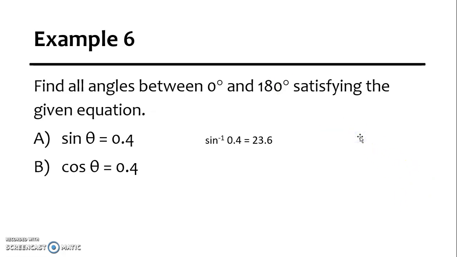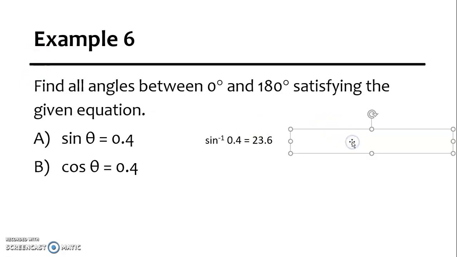And all I'm going to do is subtract from 180 degrees. This is like a reference angle. I'm just going to put this in and find the answer for the other angle. So our reference angle is 23.6 degrees, and I'm just going to find the second quadrant angle that works. And I can tell that because sine is positive, and remember, all students take calculus, sine is positive in first and second quadrant.